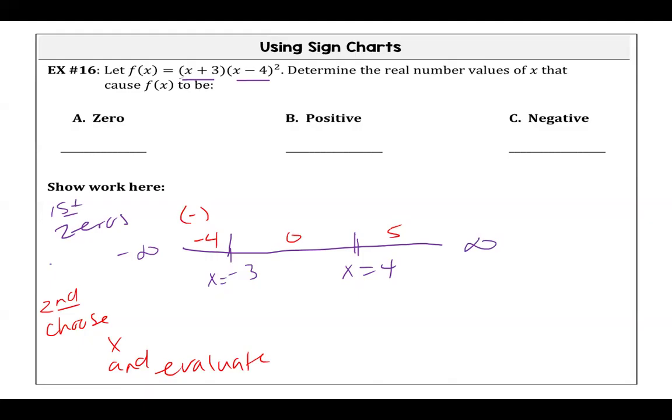You're just telling what is the sign of its sum or difference, okay? So if I substitute in -4, I'm going to get a negative. -4 minus 4 is going to be what? It's going to be a negative, right? And it's going to be a negative squared, which is going to make it a positive. So from negative infinity to -3, what is a negative times a positive going to make?